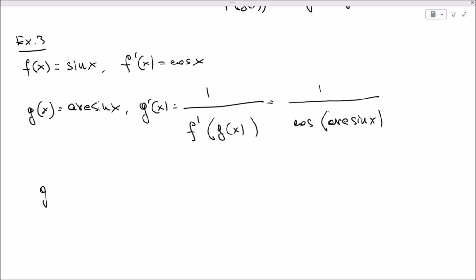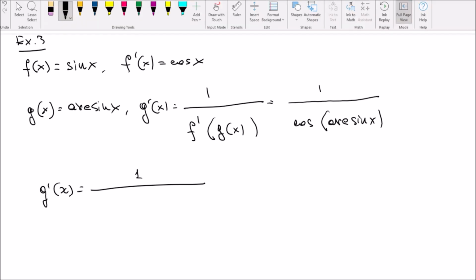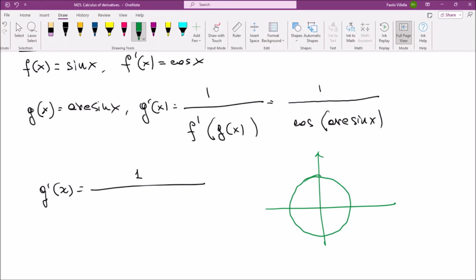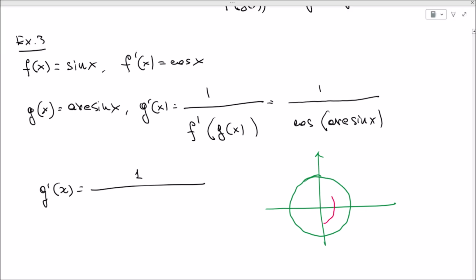Remember that the arc sine of x is defined between minus pi over 2 and pi over 2. When we inverted the function, we had to limit the definition of the function for it to be invertible.